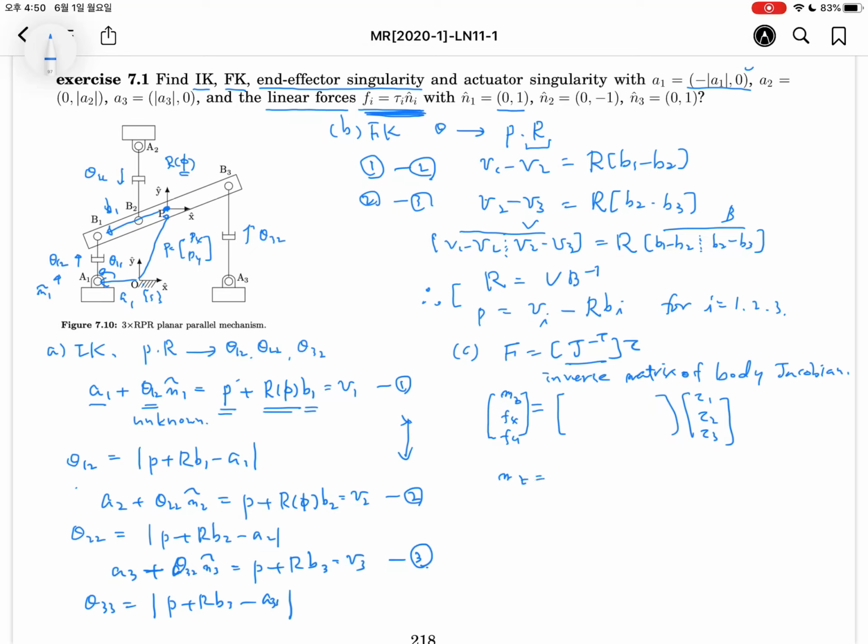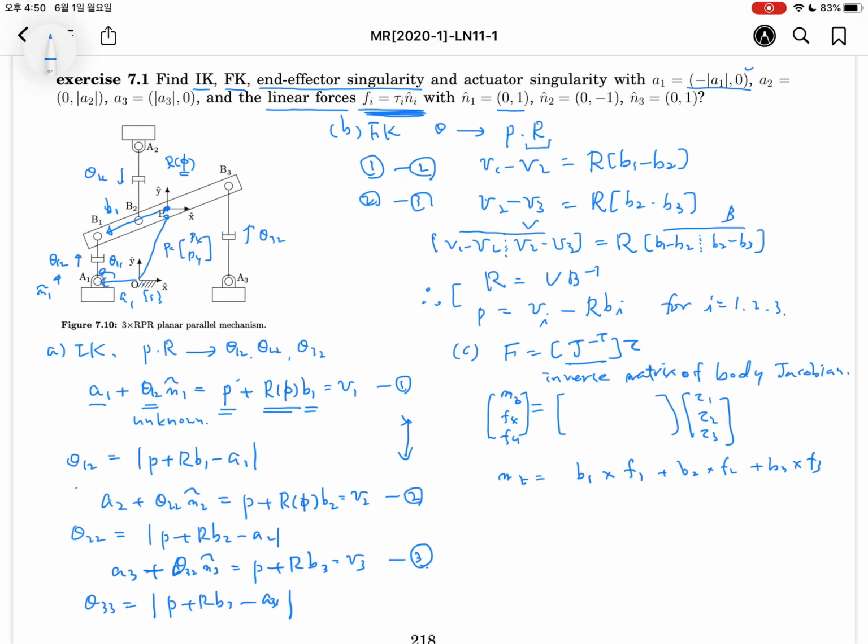The moment mz can be obtained using b1 cross F1, and b2 cross F2, plus b3 cross F3.